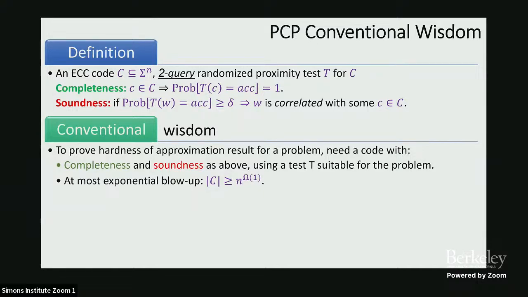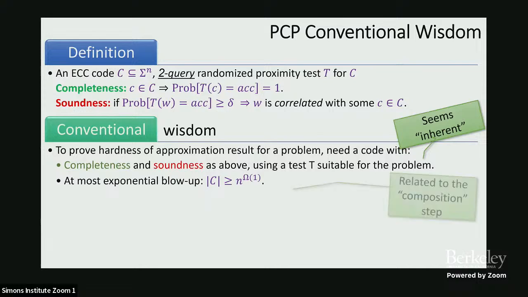And the second thing is, well, error correcting codes, we think of them as encoding some message by a longer string. And the conventional wisdom says that you don't want the blow up of this encoding to be too much. I should say that this reasoning seems kind of inherent. It seems that there is no way around it.